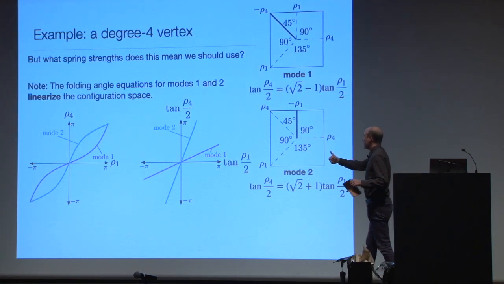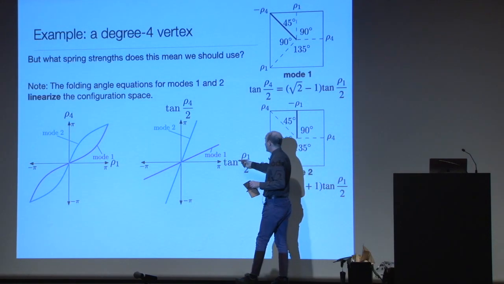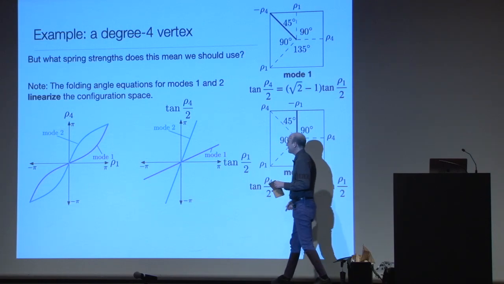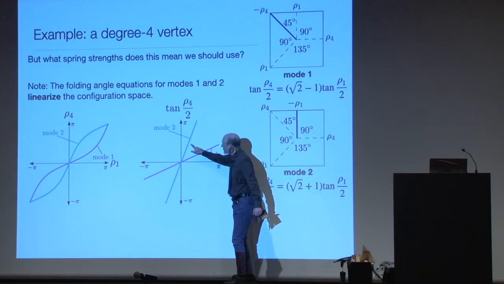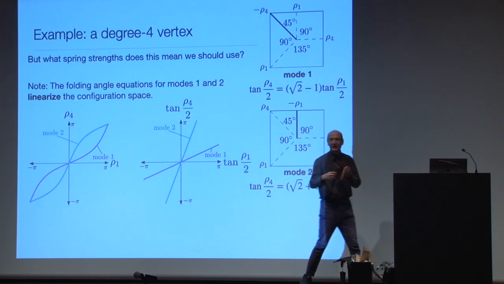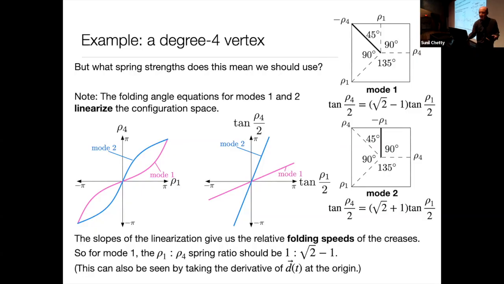But if I instead let the x and y axis be the tangent of half the folding angle, I get these lines. It's the slopes of these lines I want to be my spring ratios, okay? I want the slopes of that linearization because they give us the relative folding speeds that I want, and that corresponds to the strength of the springs.